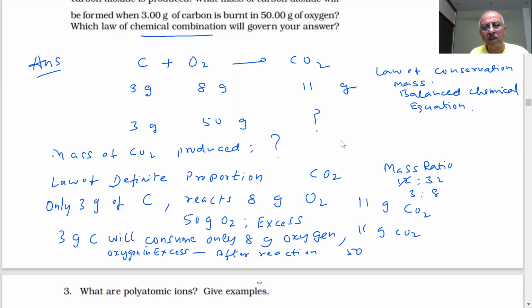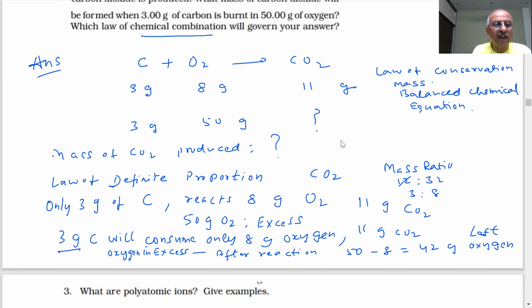How much has been used? 8 gram. You will be left with 42 gram of oxygen, unused, because carbon is finished. If carbon is finished, the reaction will stop, and you will get only 11 gram of CO2.